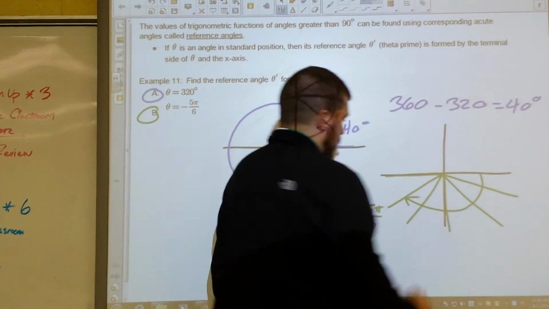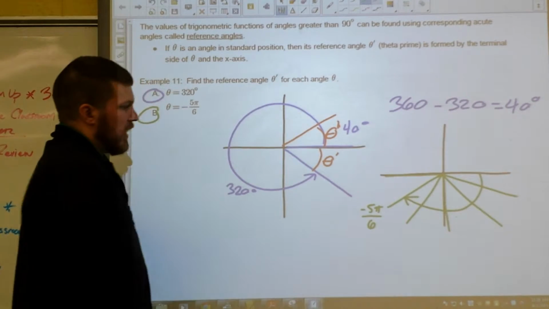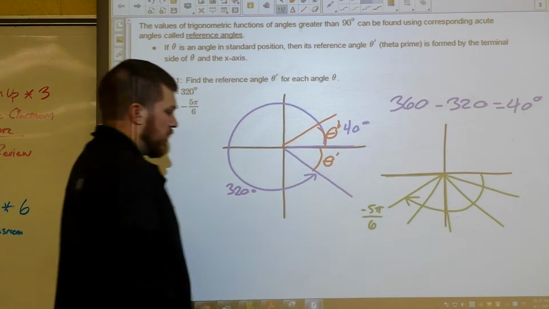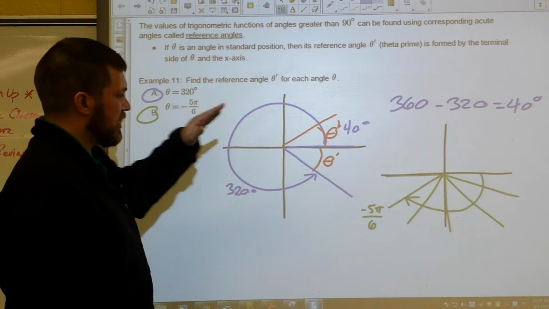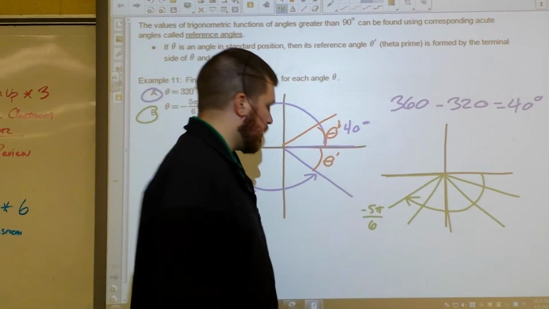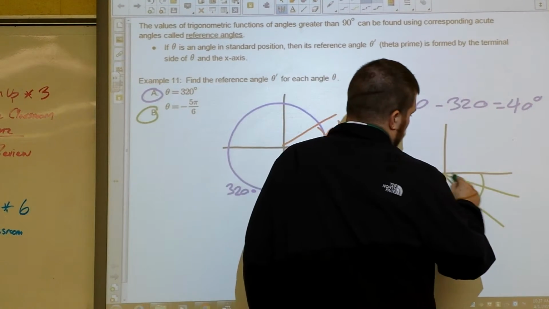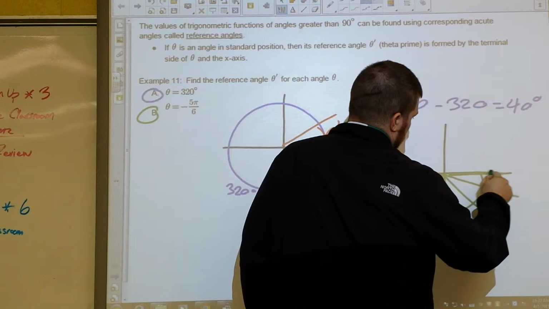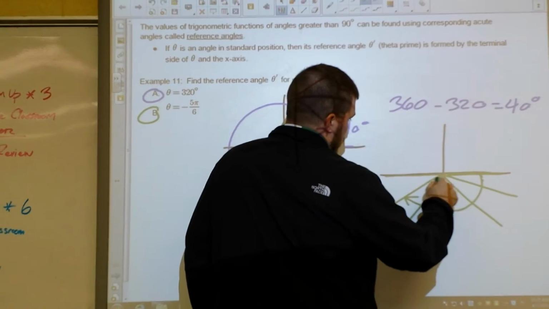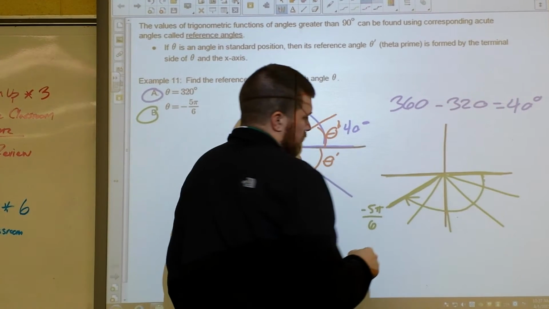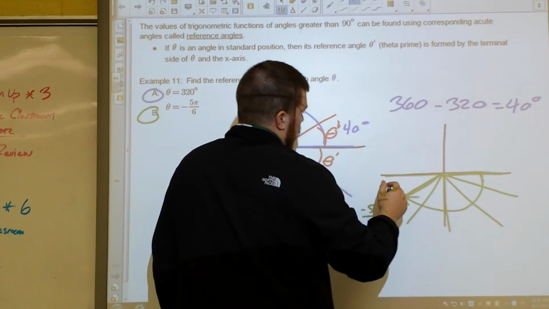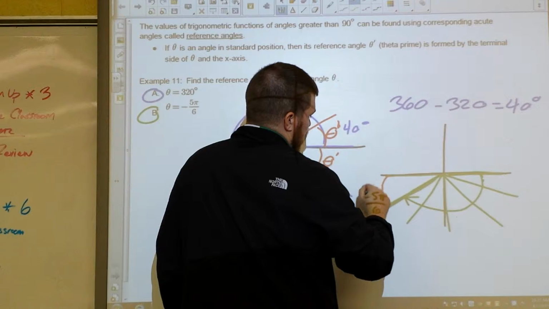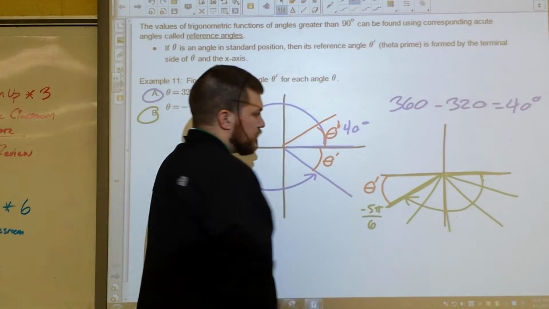So if I rotate, now what I want to do is figure out the reference angle. Again, my angle always starts off in standard position. So here I am, and I rotate around to the terminal side of my angle. What I want to do now is find theta prime, which is going to be this right here.